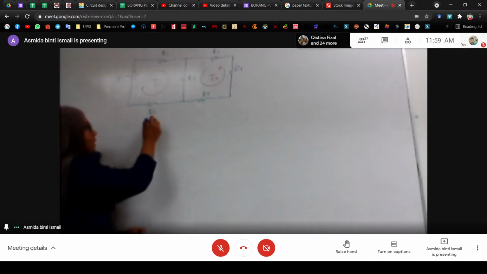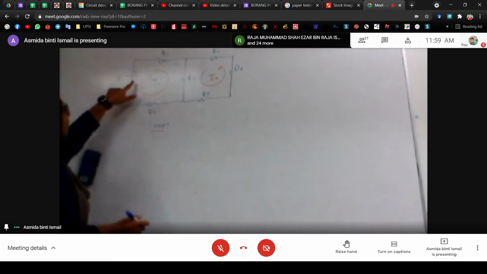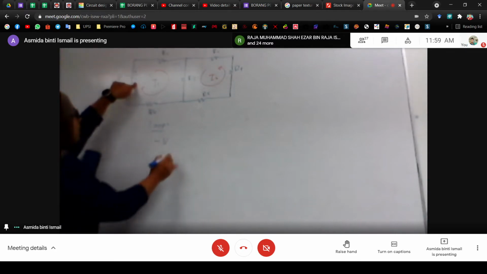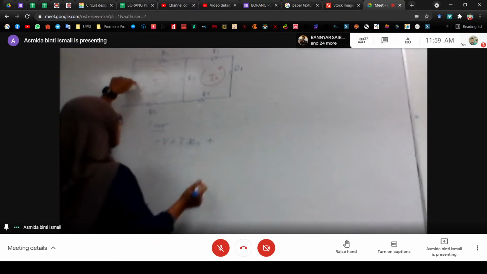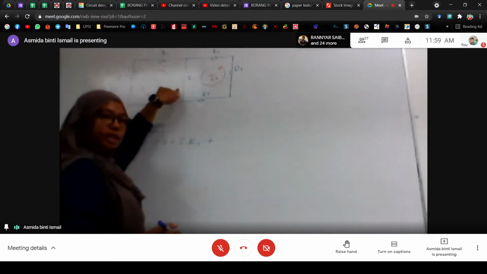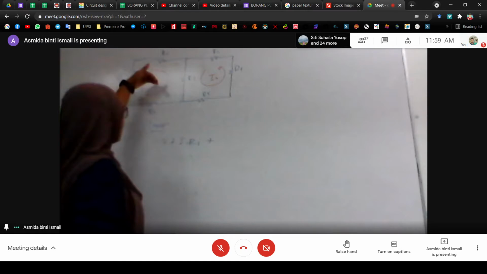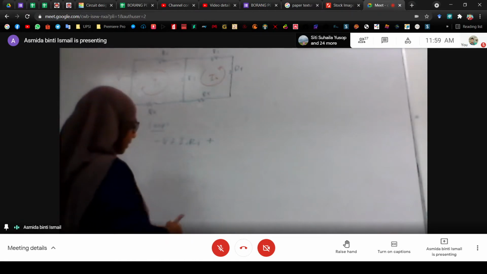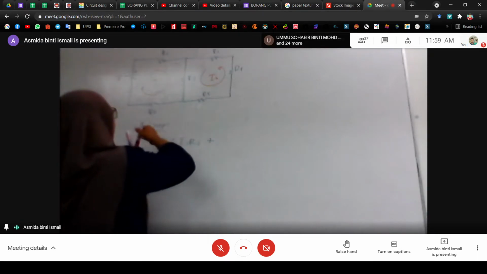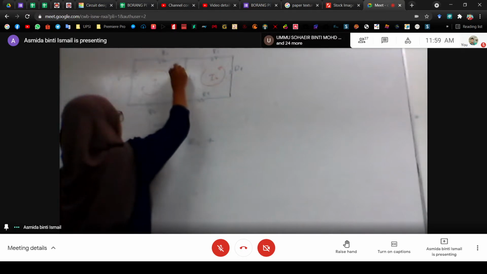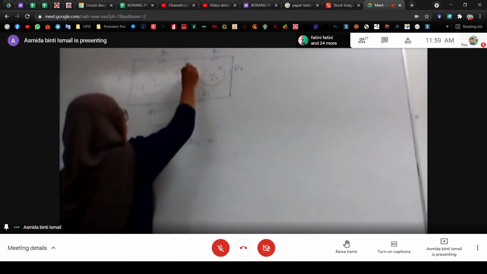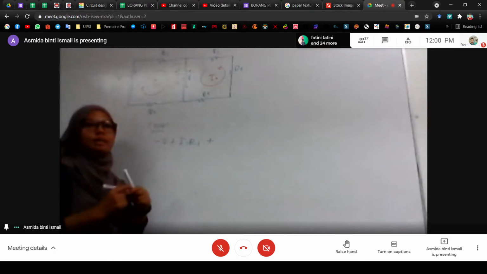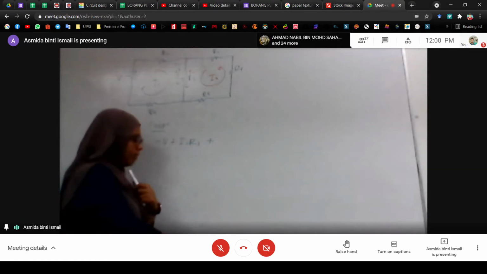For loop 1: minus V plus I1 R1 plus, here, voltage here, I1 flows here, I2 goes here.